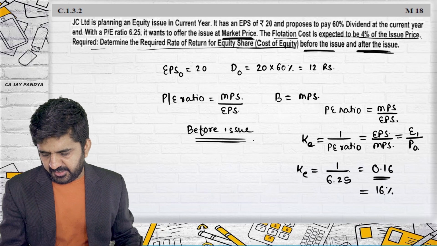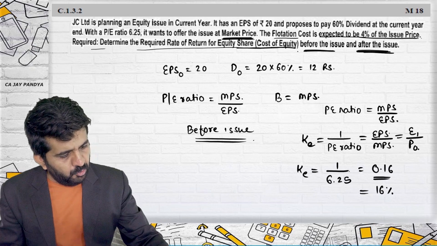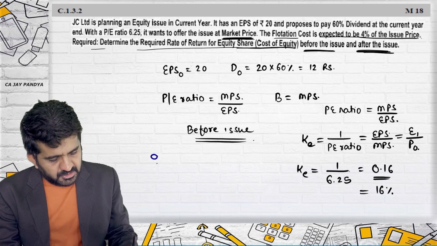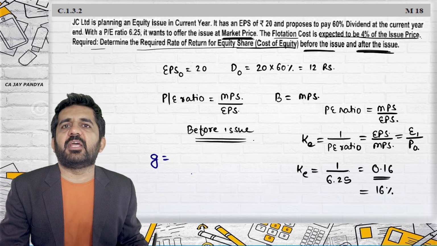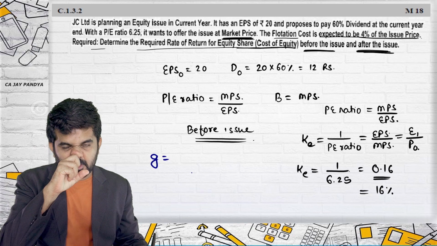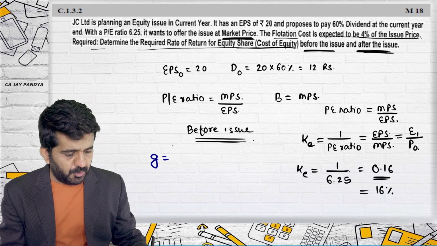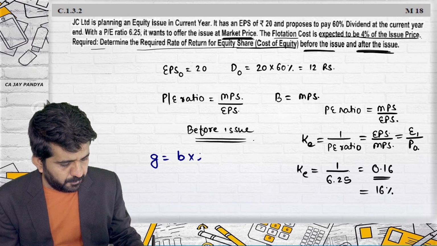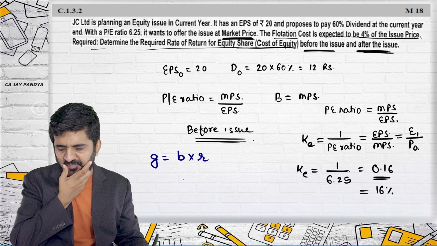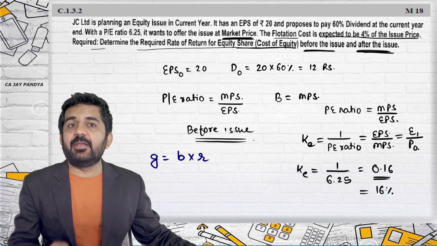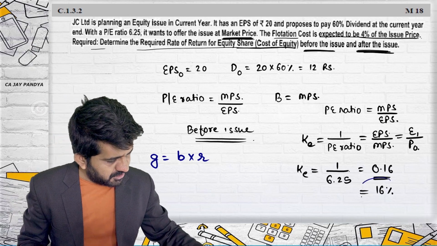Now try to concentrate. How to find out the growth rate? Here growth rate is not given. Sir, if growth rate is not given, can we just ignore growth rate? The answer is no. Try to concentrate. We will be learning in dividend policy that growth rate is equal to B into R. What does 16% mean?